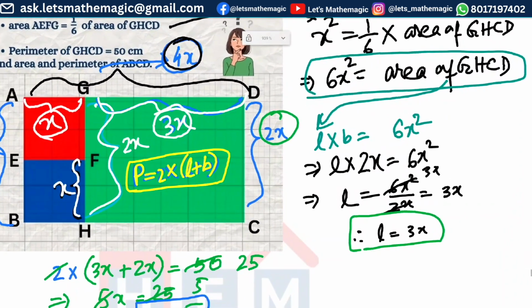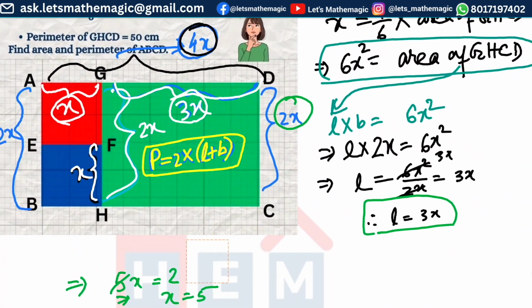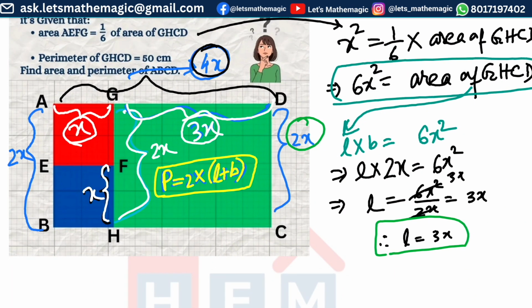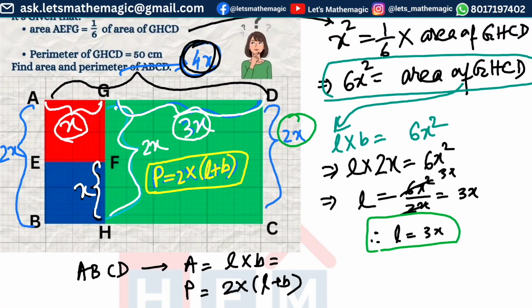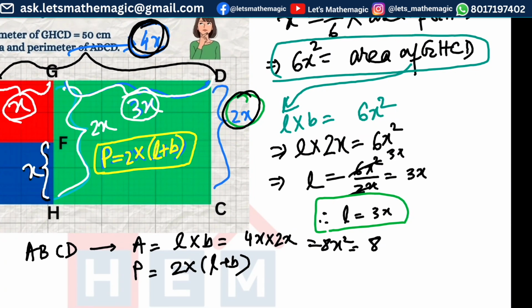Now we can find things very clearly. ABCD is a rectangle. For the area, the formula is L into B. For the perimeter, the formula is 2 into (L plus B). Putting in the values: L is 4x, B is 2x, so 4x into 2x is 8x squared. x is 5, so 8 into 5 squared is 8 into 25, which equals 200 centimeter square.